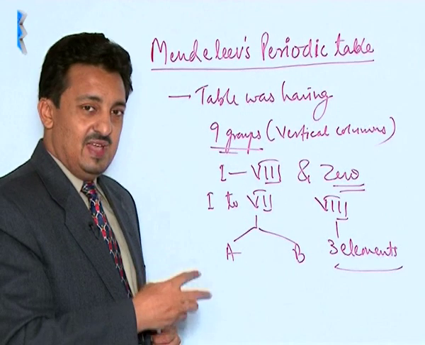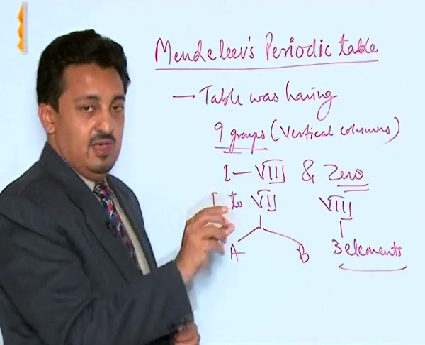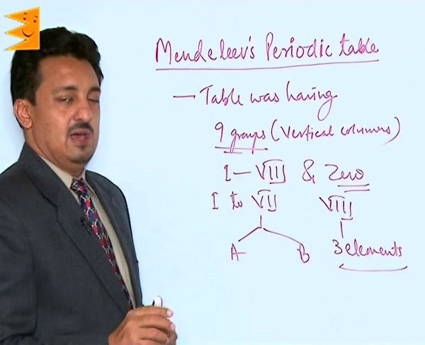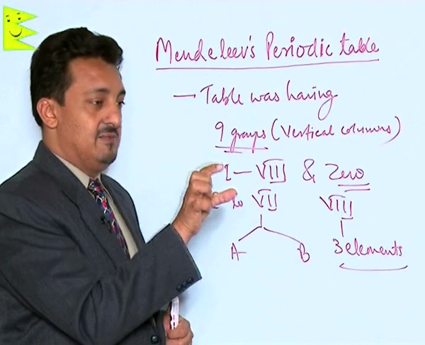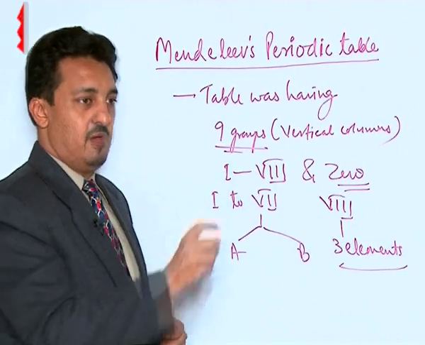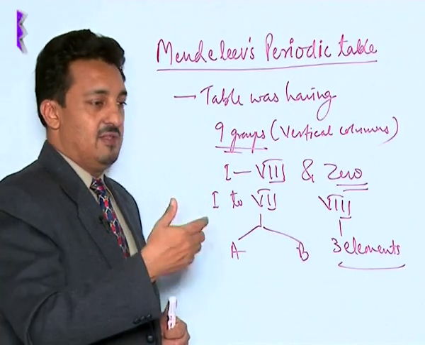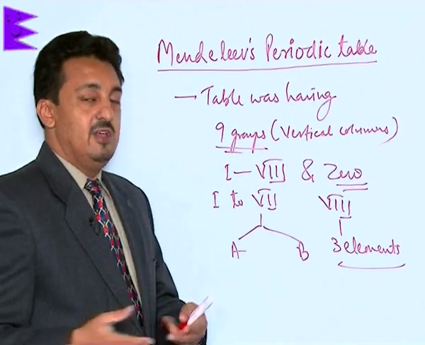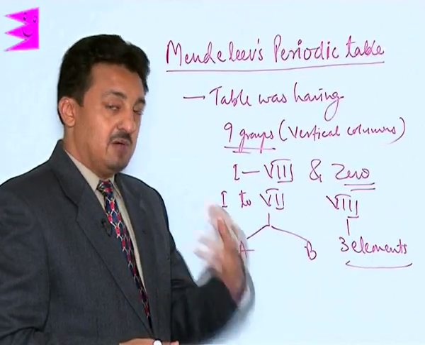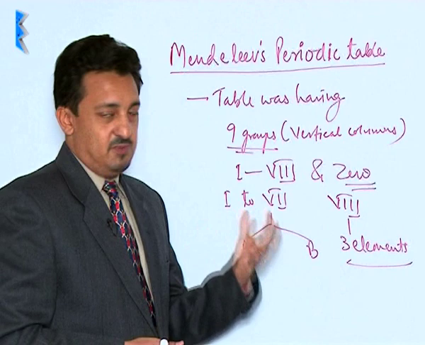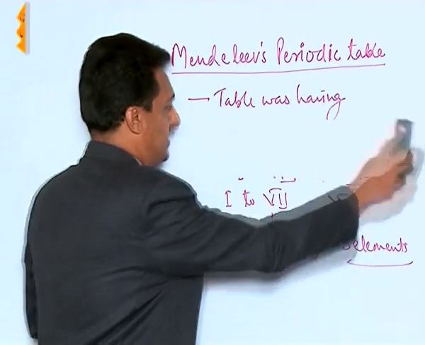And the benefit was that, since a gap belongs to a particular group, we were able to know that this unknown element will have so and so properties. It can exist in nature in so and so form, or its ore will be of so and so types. This is how we were able to discover those elements after his periodic table. That was the biggest advantage of his periodic table.